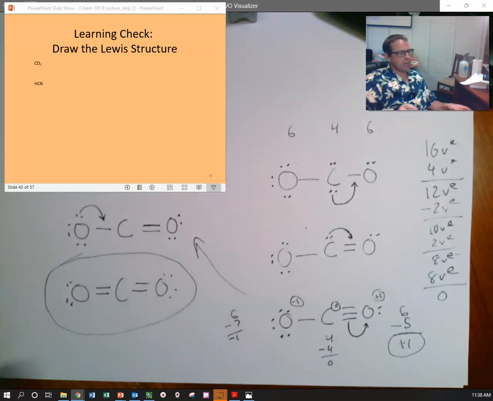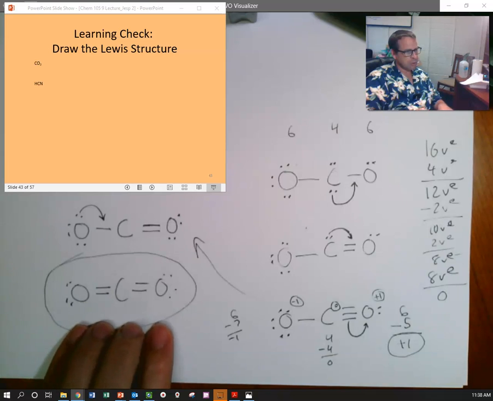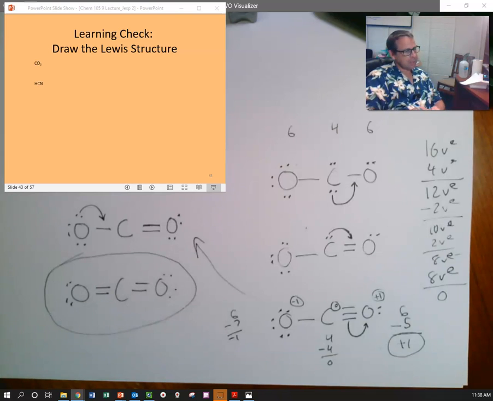So we got it. We got our Lewis dot structure, and this is telling us what our chemical structure for carbon dioxide looks like. Very good. So this is very helpful, and we'll talk about in chapter 10 coming up why these Lewis dot structures are very helpful to us to tell us about the properties of the compounds. Okay.